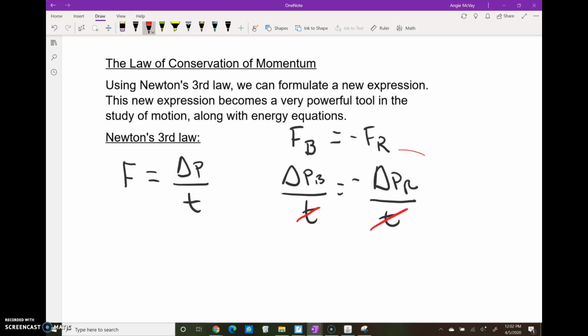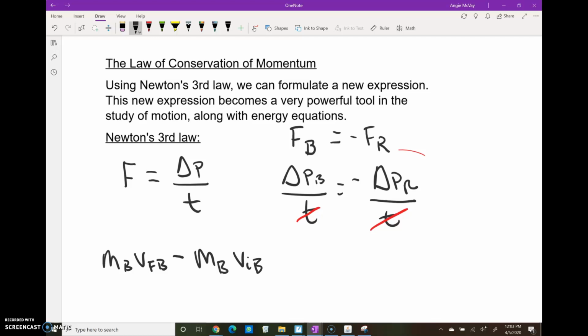So the change in momentum of the blue car would be mass. Let's not write that in red. Let's go ahead and keep that in black here. So we've got mass of the blue car times velocity final blue minus mass of the blue car times velocity initial of the blue car, right?